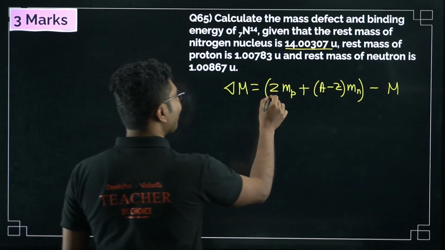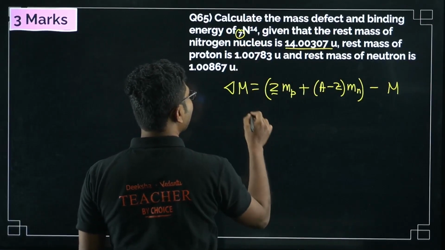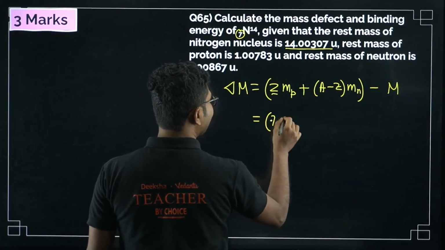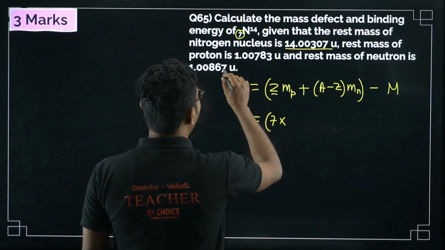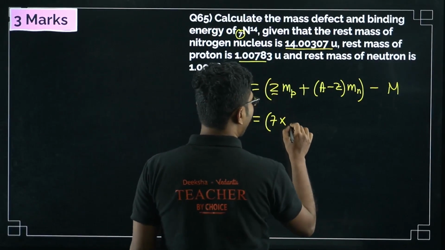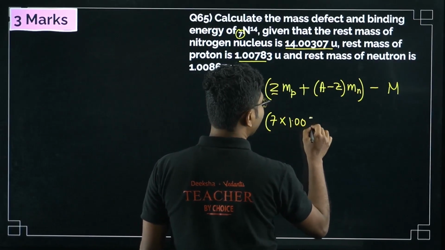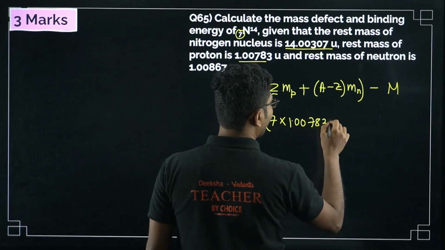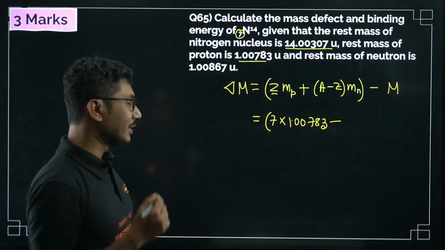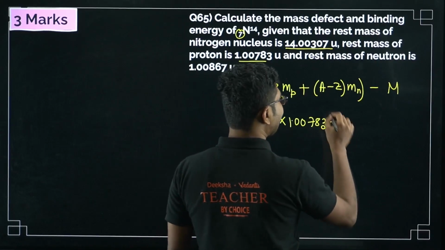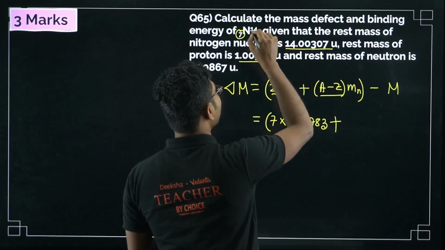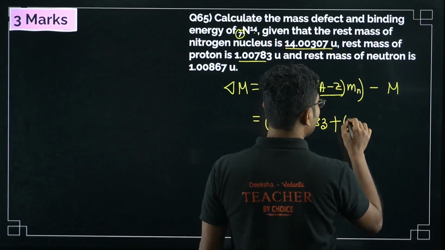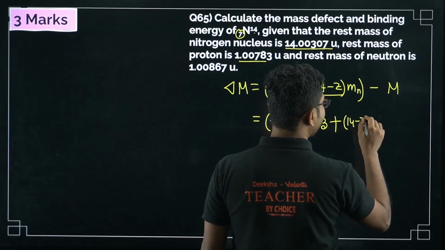What are these numbers? Z is the number of protons, which is given by this number, that is 7, into the mass of the proton, that is 1.00783. If you wish, you can calculate them separately as well. Now what is A minus Z? A is 14, Z is 7, so 14 minus 7. What is Mn?